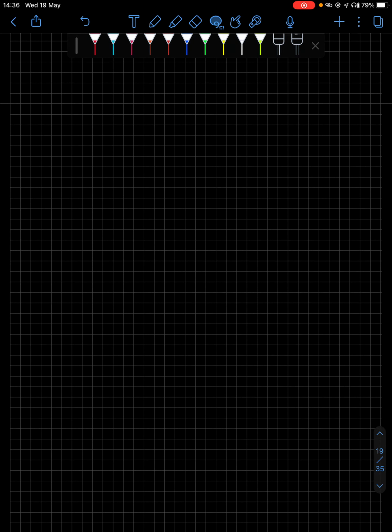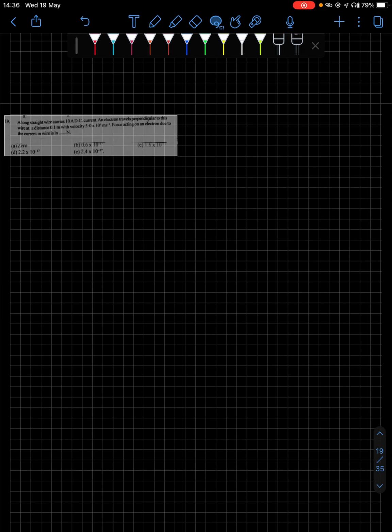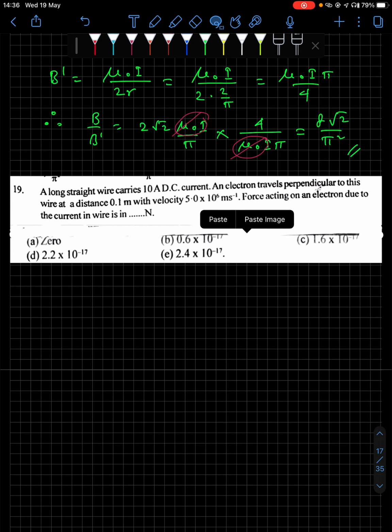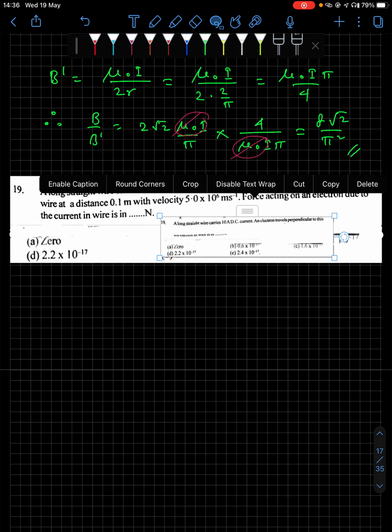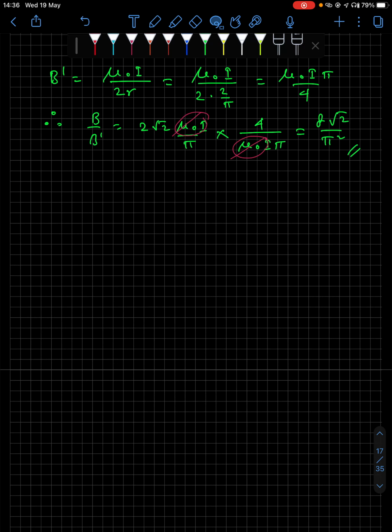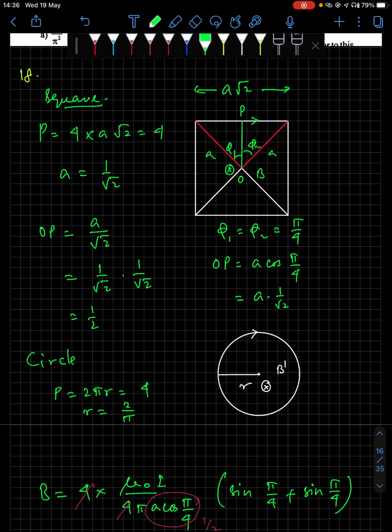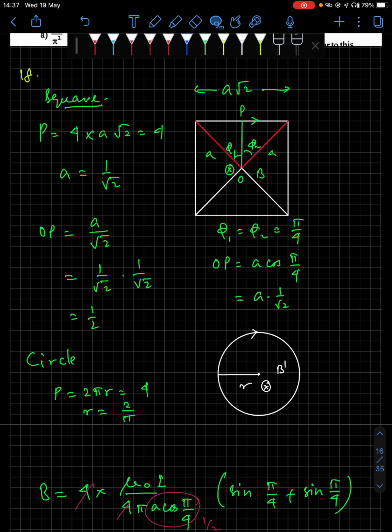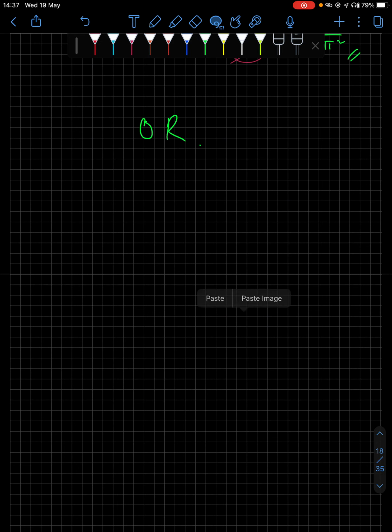Let me create a page here. Okay, so I am writing down OR here. I'll copy this diagram, but we'll change the values of the sides.